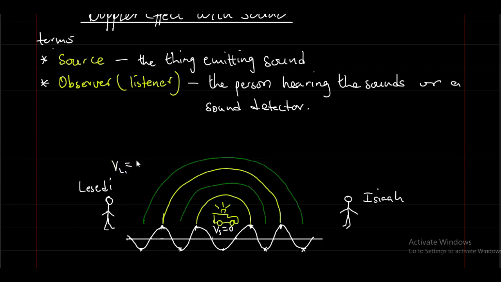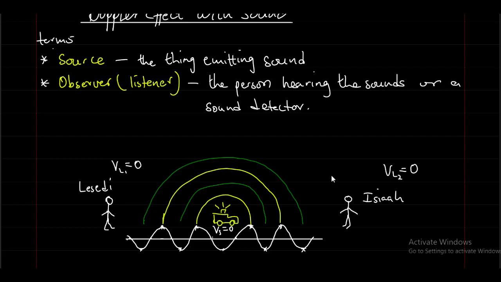So the velocity of the listener is also 0 meters per second. And there's Isaiah on the other side. Isaiah is also not moving, so let me name it VL2. The velocity of Isaiah is 0 meters per second.